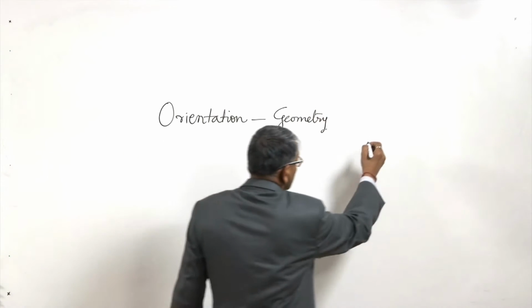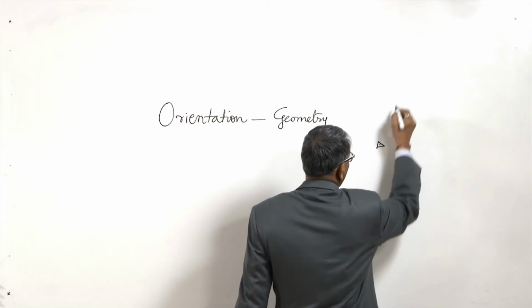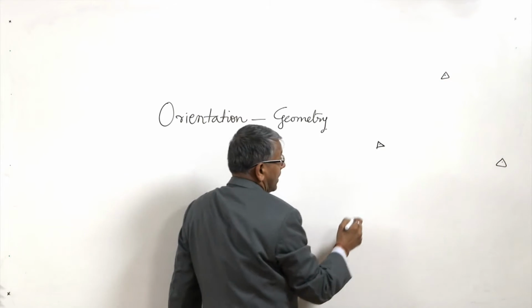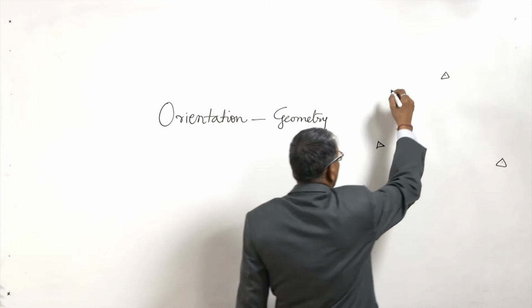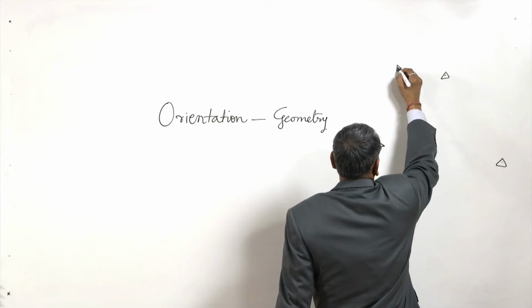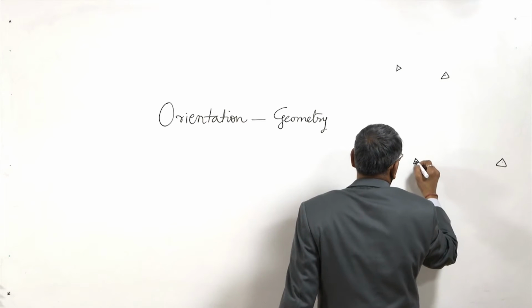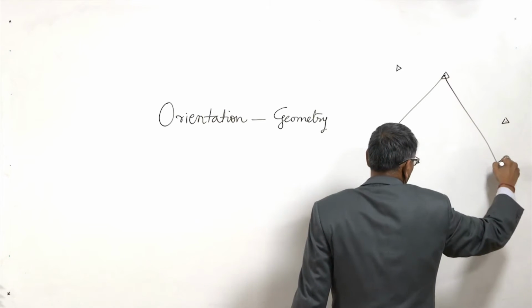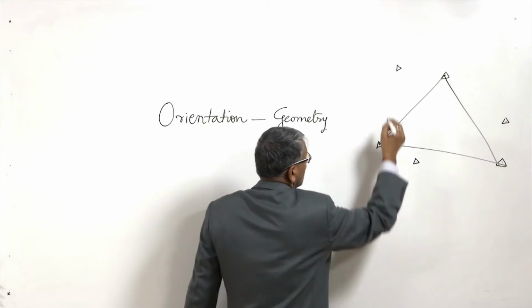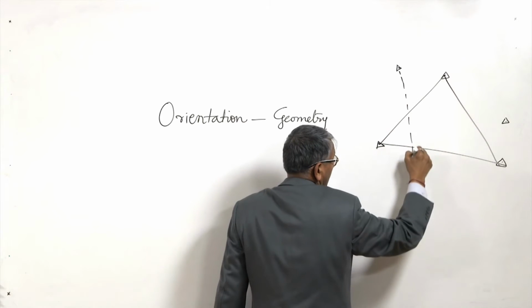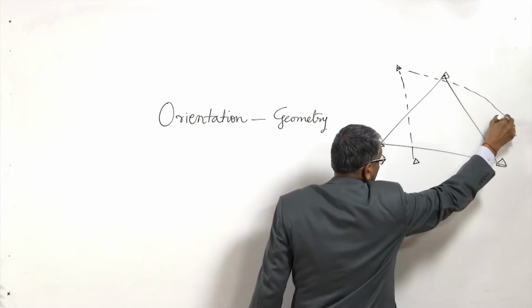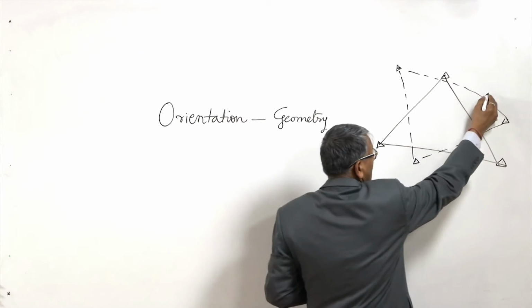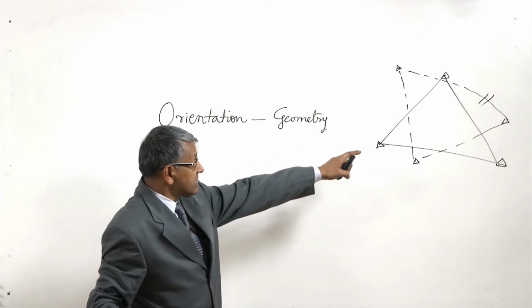Suppose I have 3 stations like this or 4 stations like this actually in the field, but after processing I may get the location like this. Now actually this is what we want, but we find it like this. So this clearly says that the orientation of this is not as desired.